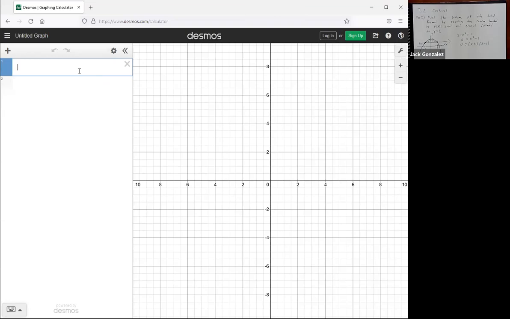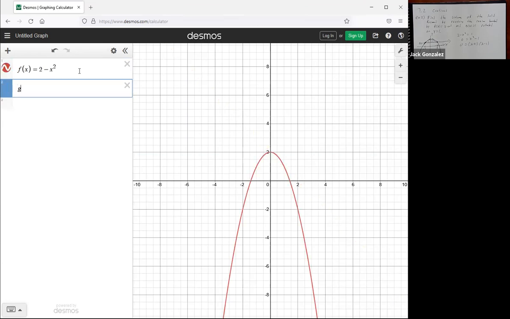All right, so first function is equal to 2 minus x squared. g of x is equal to 1. So that's what we drew earlier. So there's my intersecting points.